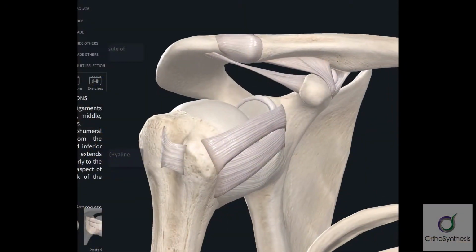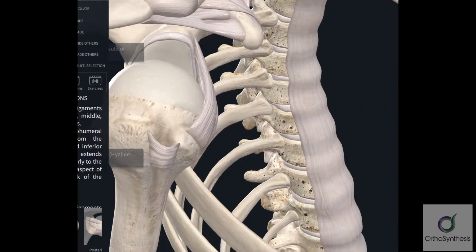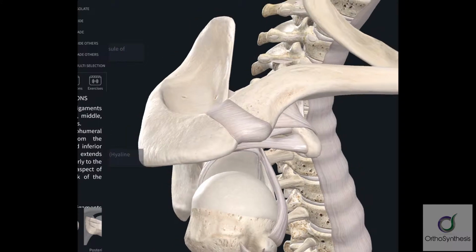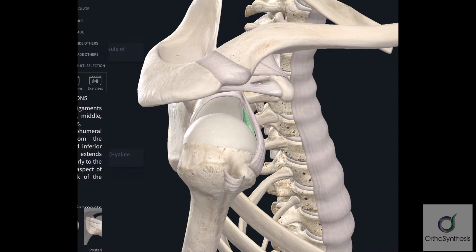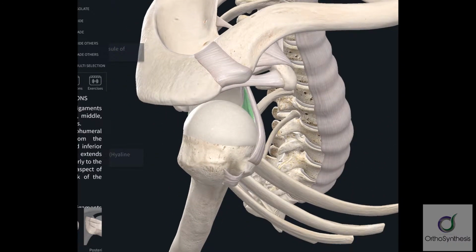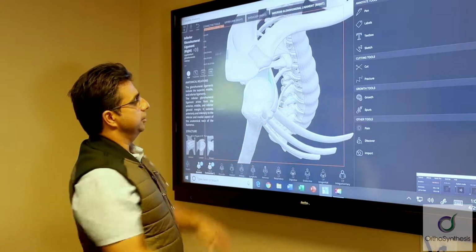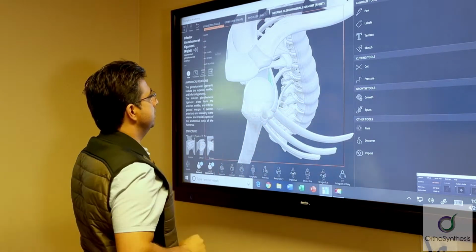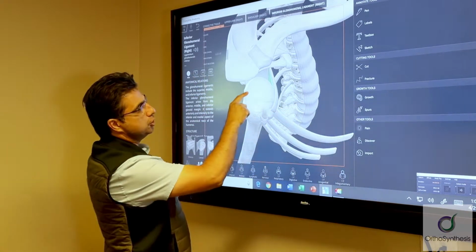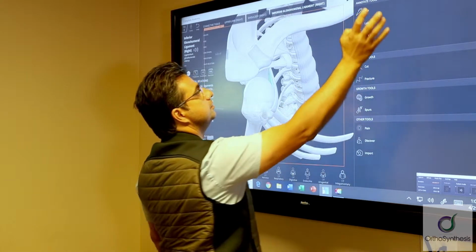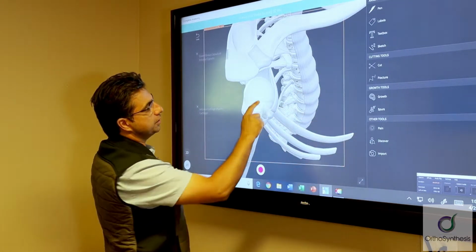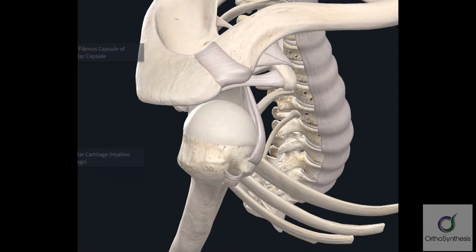Now, if we were to rotate this, let's look at this from above, okay? So when we look at it from above, and we drop down, this is going anterior. So chest wall, you can see, is right there. This is the back. So when we have a shoulder dislocation, this humeral head, I'm going to draw it out here, okay, goes out the front, okay?